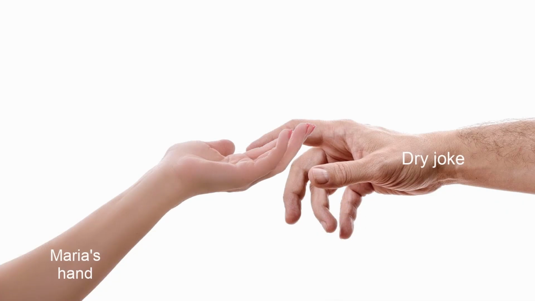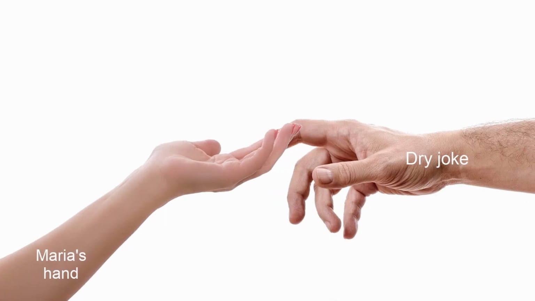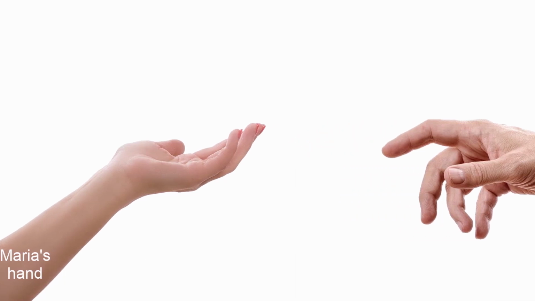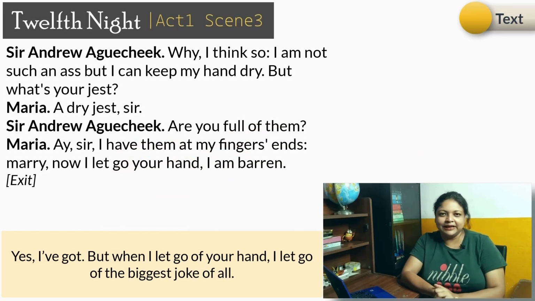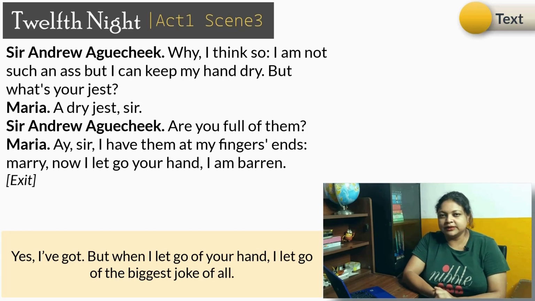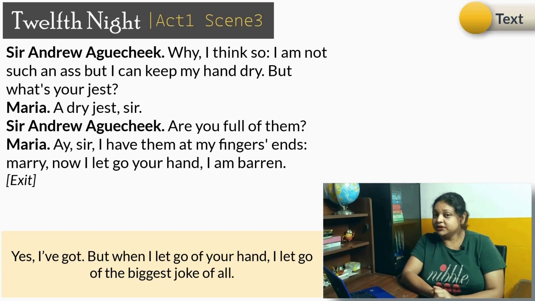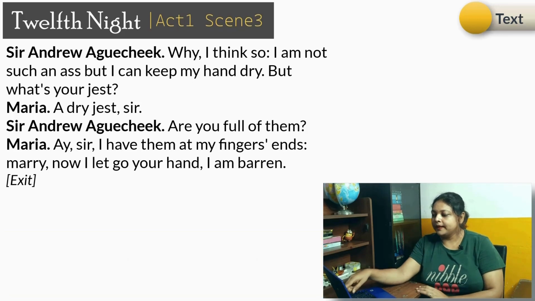And then she leaves his hand and says, "Now I let go your hand, I am barren." So now that I am leaving your hand, I don't have any more jokes in my hand. So it's just that Maria is playing with this word and making fun of Andrew. And the sad part is Andrew doesn't even realize most of the time that he is such a ridiculous person.